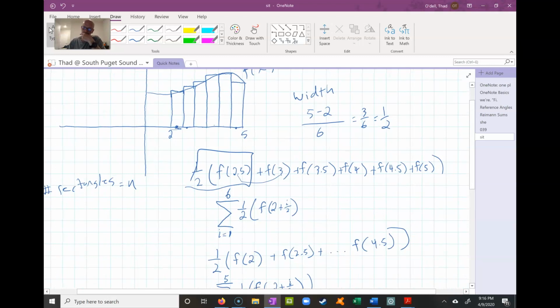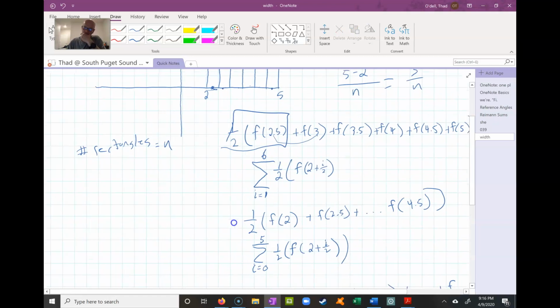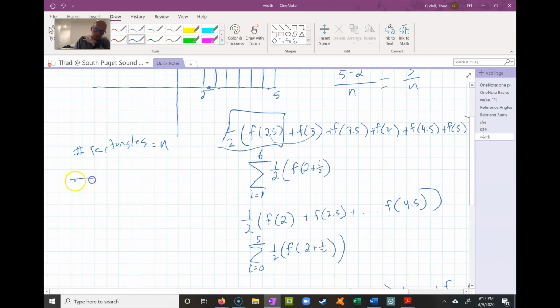So now how does that change things? Well, we go back up to the width, and instead of a 6 here, we have an n here. So that means that my width is going to be 3 over n. So in my sigma notation, I is going to run, and we'll just do the right-hand rule, so I'm still going to start with 1. Now, in this case, I'm going to go up to n, n number of rectangles, right?